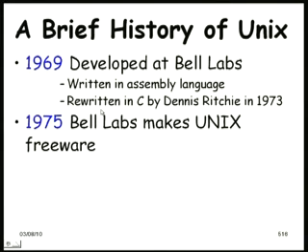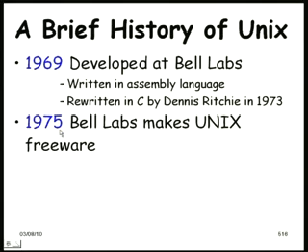But Bell Labs is a telecom company. They did not foresee how they would use Unix commercially, and since it was a very good operating system and they did not have much use for it at that time, they made it a freeware in 1975.